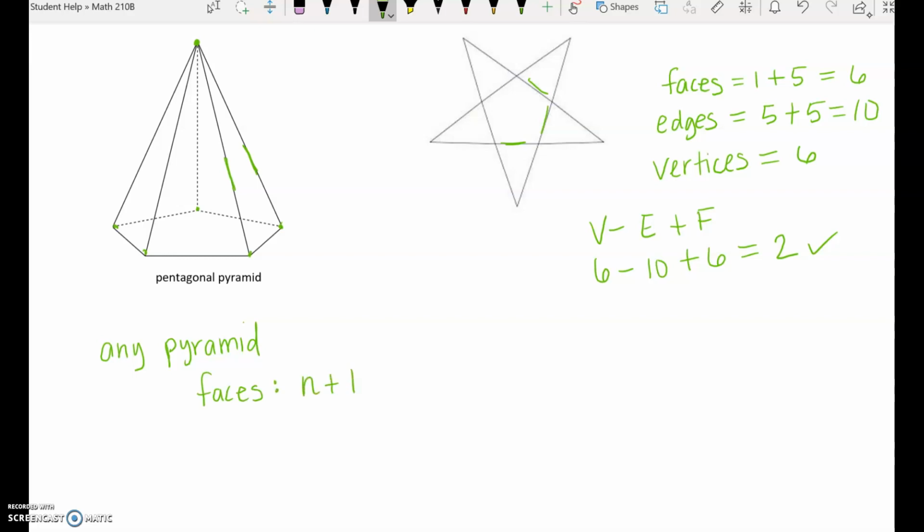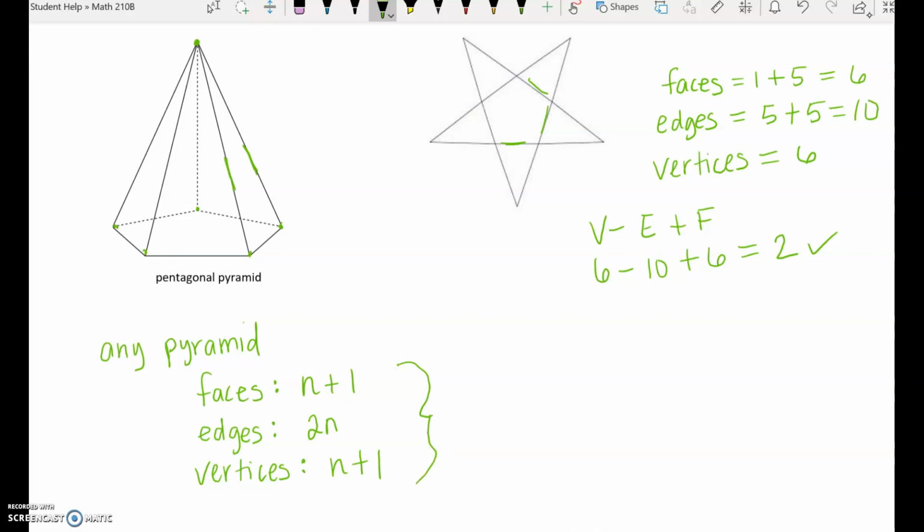I know that I'm going to have n, which would be the number of triangular faces, and then plus 1 is from the base. The number of edges will be 2 times n. I had 5 edges along the base, and then I also had 5 edges along the side. And the number of vertices is going to be n plus 1. I had 5 vertices along the bottom and then 1 at the top for the apex.